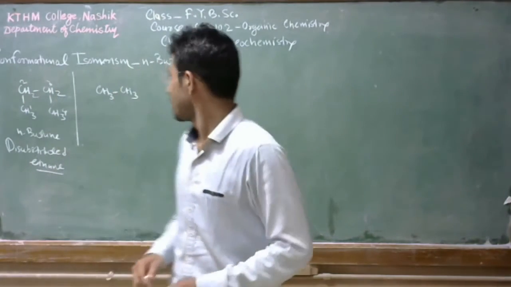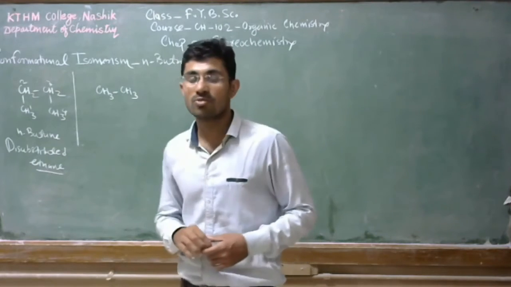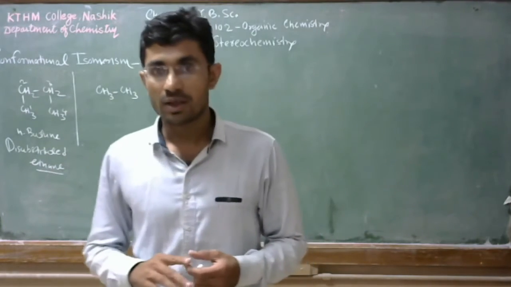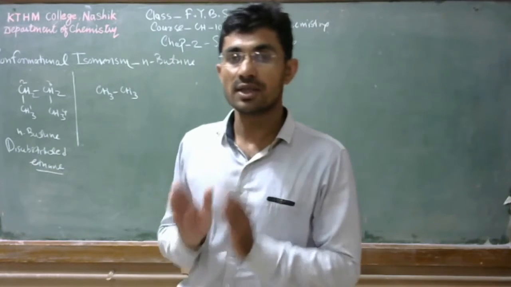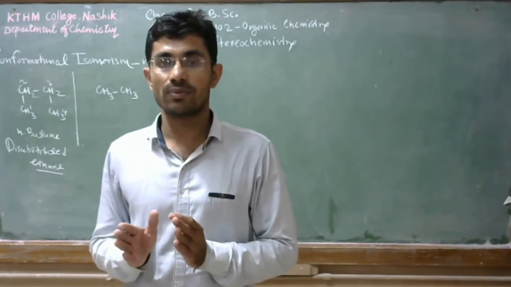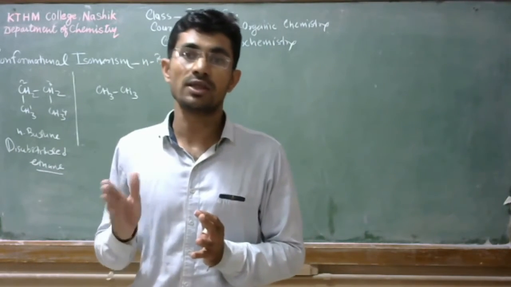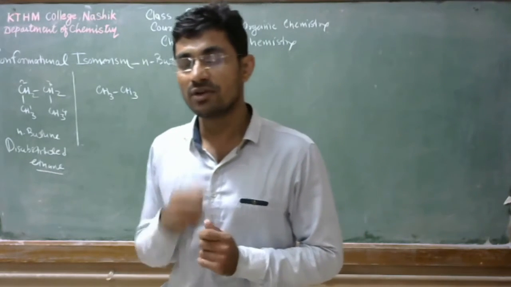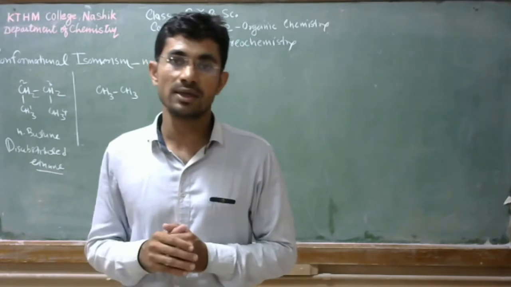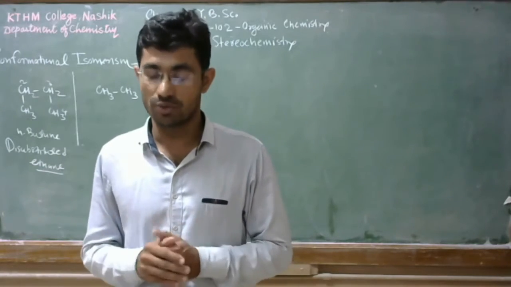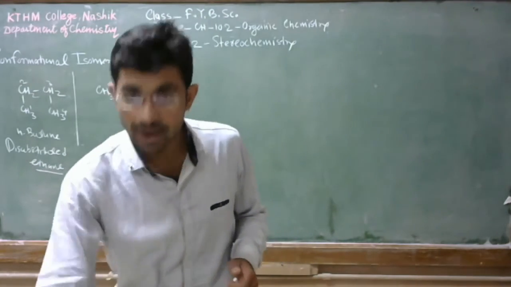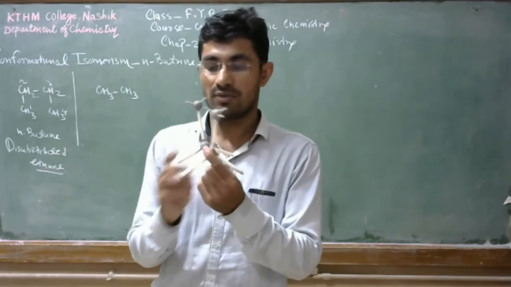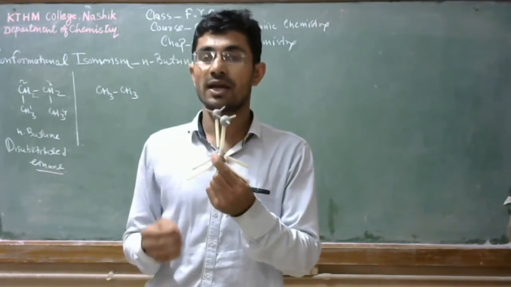So here in the conformational isomerism of n-butane, we consider the rotation along the C2 and C3 bond, and for our convenience we consider the dihedral angle between the two methyl groups. With the help of a model we can get the idea here.